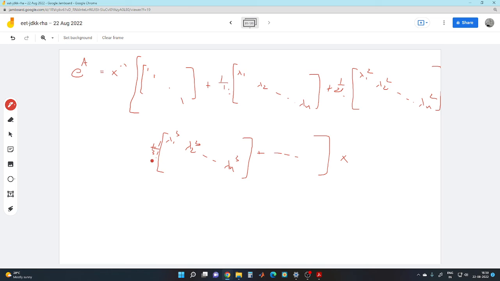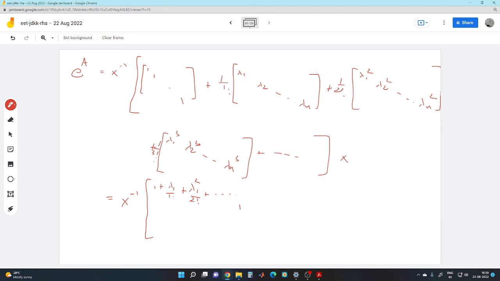So if we take this inside and sum these matrices, it will be equal to X inverse, 1 plus lambda 1 by 1 factorial plus lambda 1 square by 2 factorial.